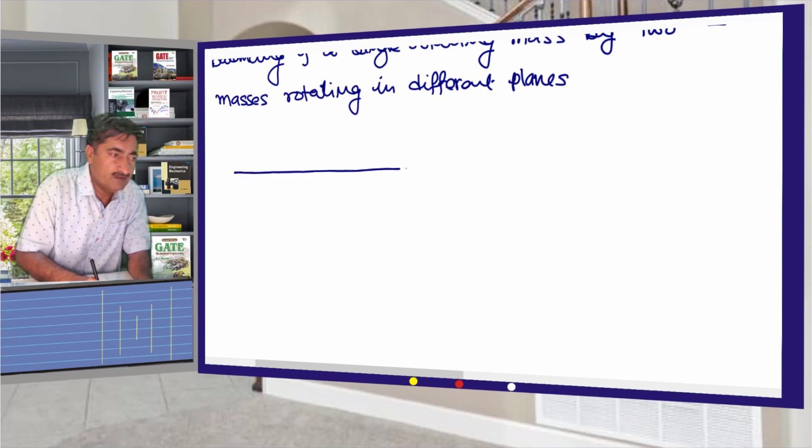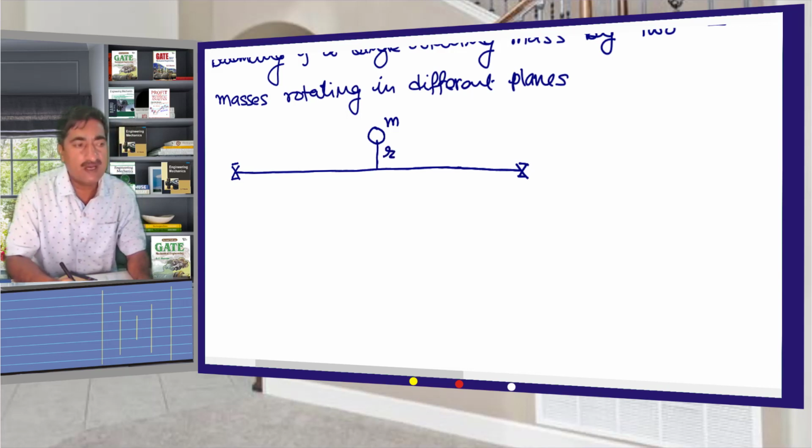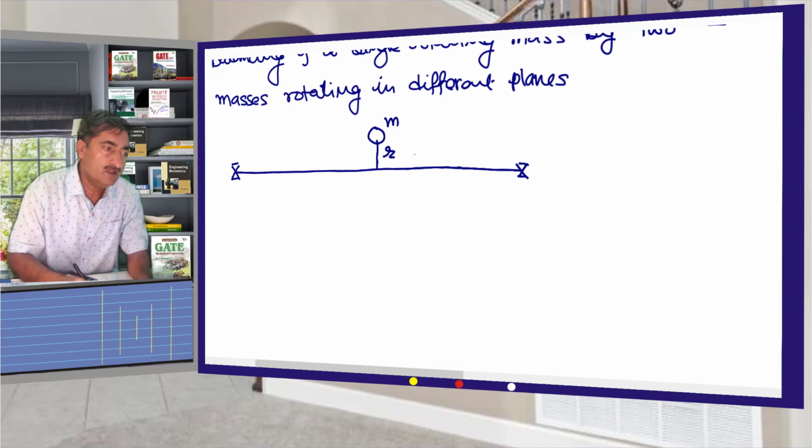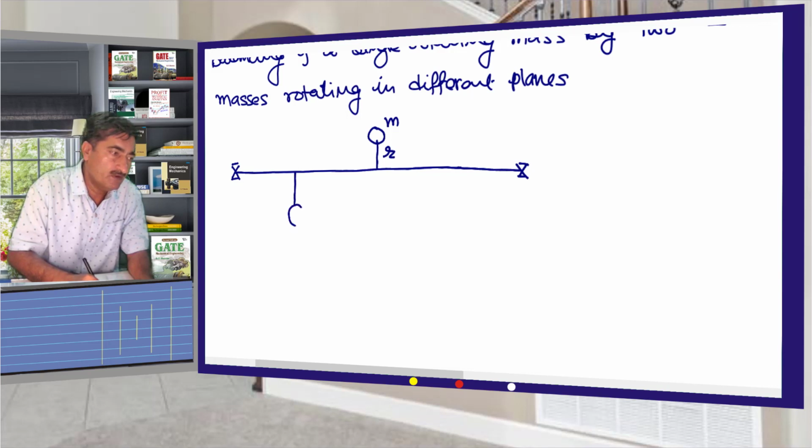This is shaft. Bearing. This is the mass M. Unbalanced mass M at radius R. Now, balancing of this unbalanced mass by two masses. One is attached at this point, M1.